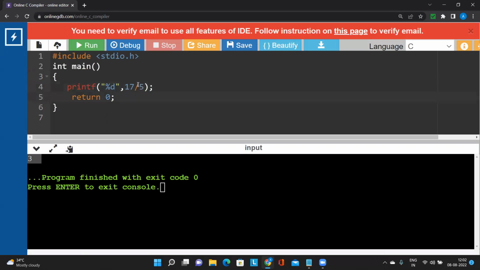But otherwise, if both operands are of integer data type, the result is also an integer only. So what is going to happen here? It just truncates any fractional values. So whatever fractional value you get, it is going to be truncated and only the whole number is going to get printed here because it is of integers. Right, this is point number 1.